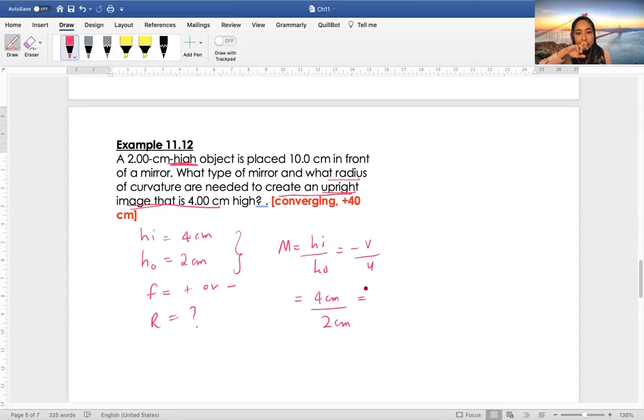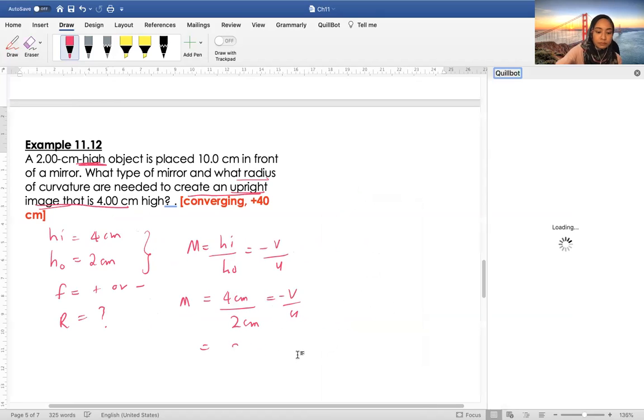Upright image that is 4 centimeter. Don't know how to solve this actually. I have not figured it out. 4 divided by 2 is 2. So your magnification is 2.